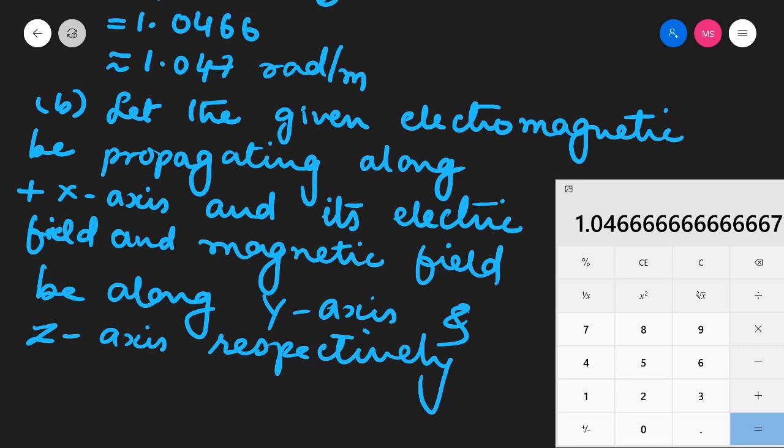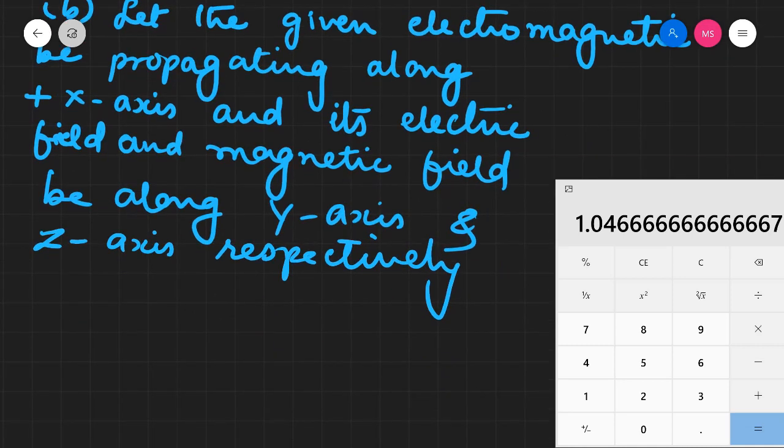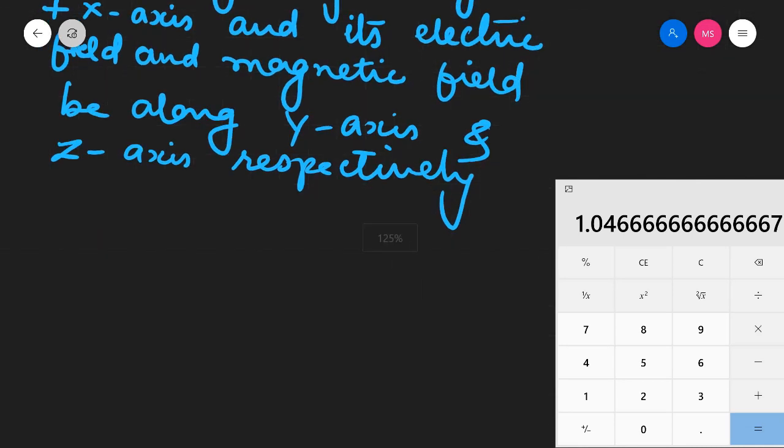So we have assumed that this electromagnetic wave is propagating along positive x-axis and electric field is along y-axis and magnetic field is along z-axis.